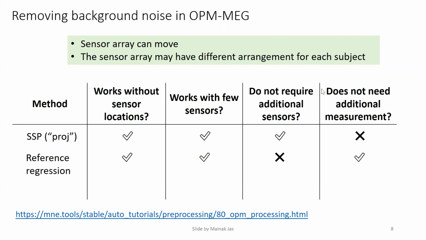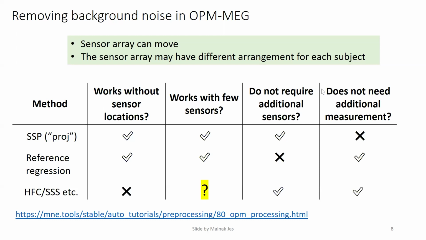You can regress out the reference sensors from your data, and this would be nice, but there is a challenge here that it does require additional sensors, and that can be a problem if you don't have a lot of sensors and you want to make use of all your sensors as much as possible.